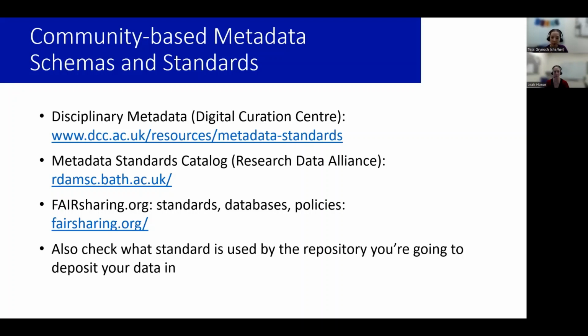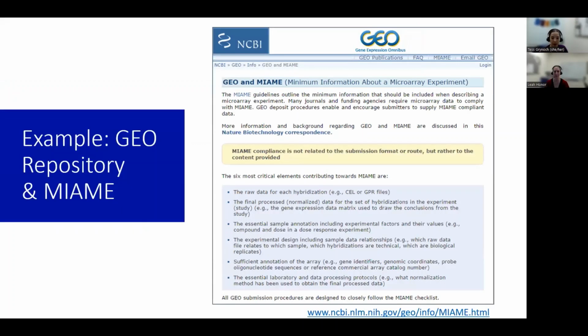So knowing what metadata the repository needs at the beginning of your project will allow you to collect that metadata as you complete the project, making data sharing so much easier. An example of a metadata standard that many UMass Chan researchers are familiar with is the Minimum Information About a Microarray Experiment, or MIAME, which is used by GEO, the Gene Expression Omnibus.